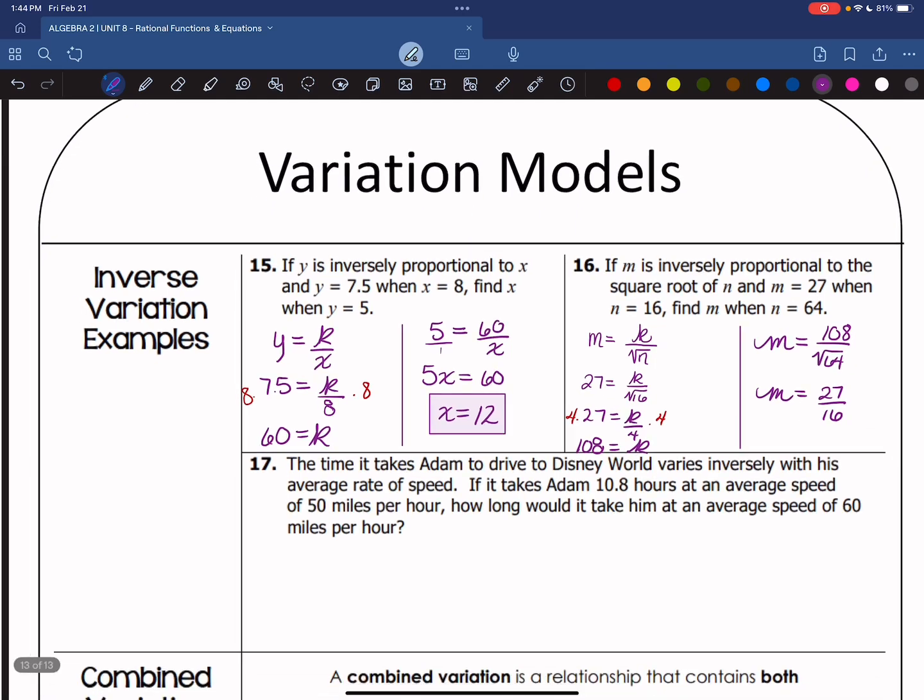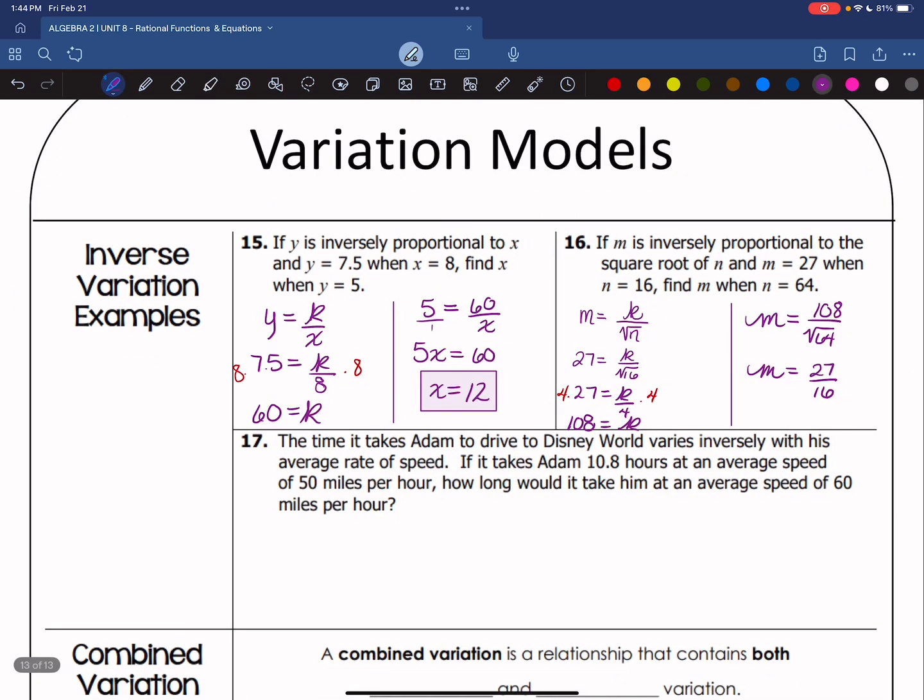What a beautiful problem to end on. Daydreaming of Disney World. The time it takes Adam to drive to Disney World varies inversely with his average rate of speed. Of course, because if you increase your speed, then you decrease the amount of time. That's an inverse relationship. If Adam takes, well, let me write this out.